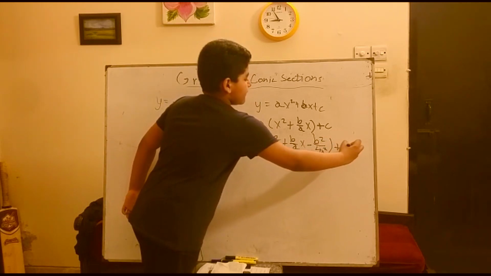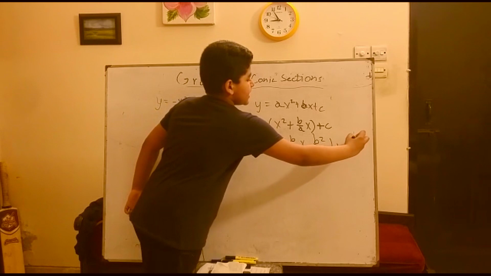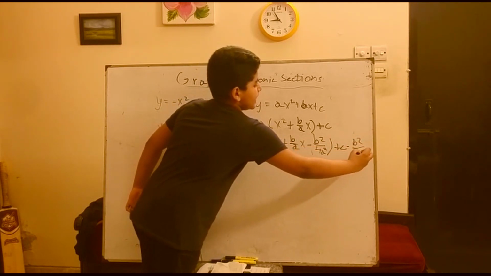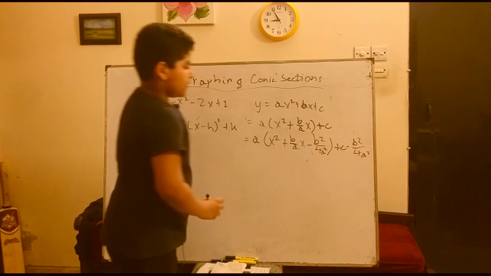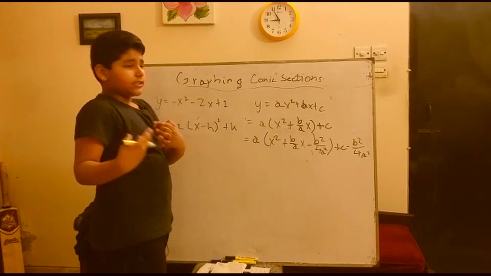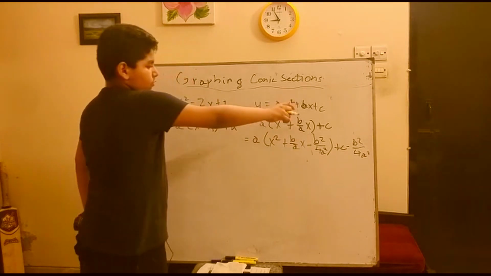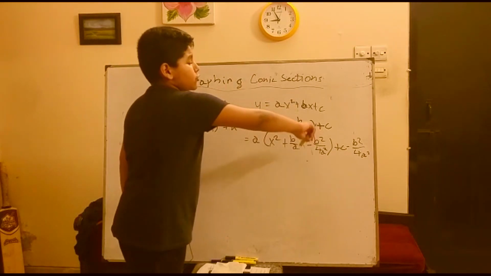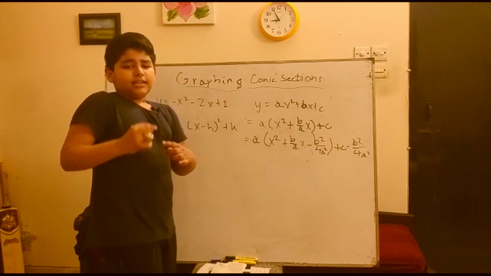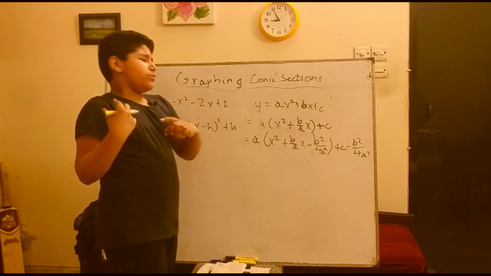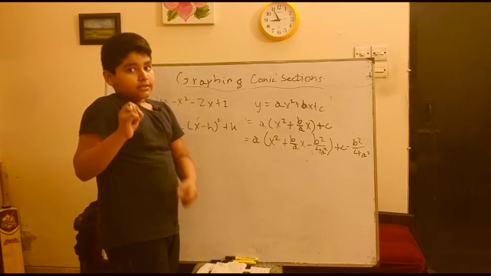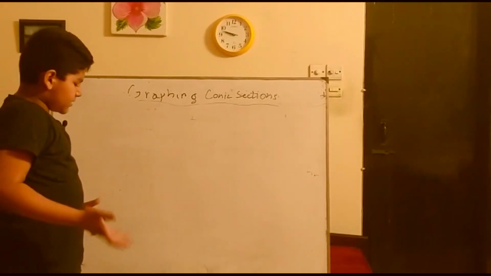But we also have to subtract b squared over 4a squared, because we don't want to change the value. If we add something in the group, we have to subtract it outside of the group. Otherwise, we altered the value, and we don't want the value to be altered. So remember that.